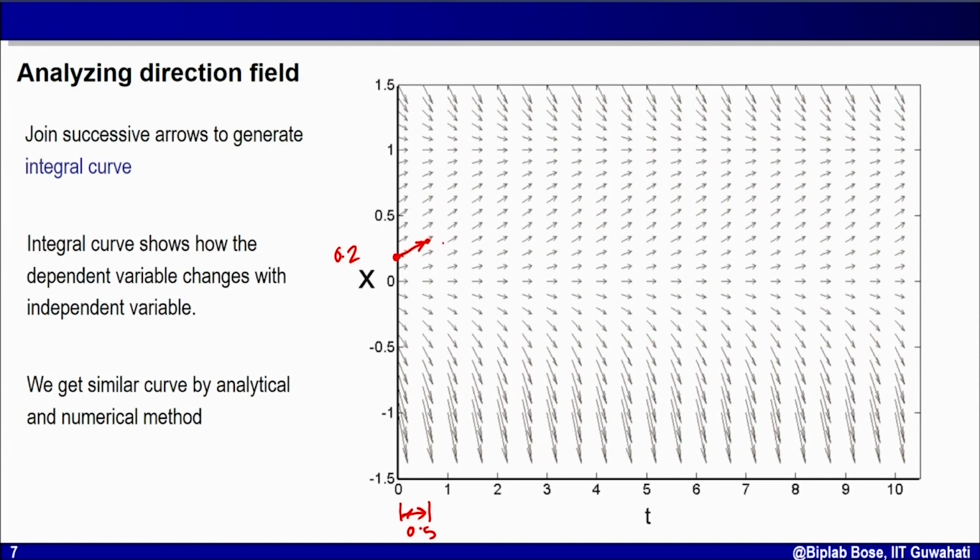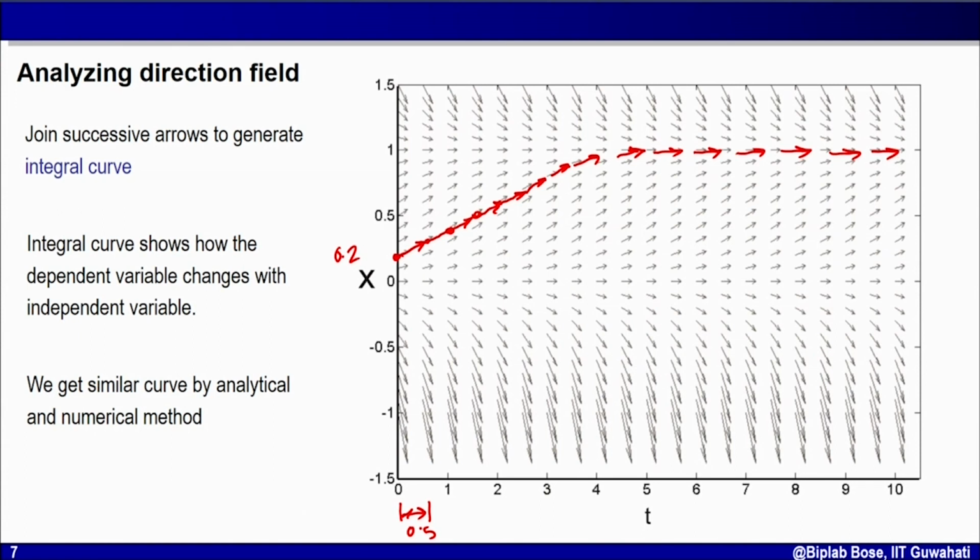Then if I increment time further by 0.5, following this arrowhead, I will reach here. Then incrementing time further using the same arrowhead, I will reach there. Then if I keep on following these arrows, and keep changing time with increments of 0.5, eventually I will reach 1 when the arrowheads become horizontal, and I will keep moving along these as the slope remains equal to 0.